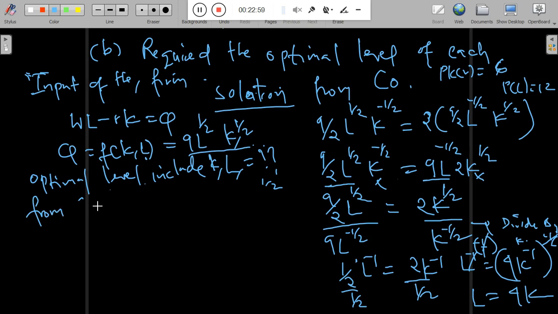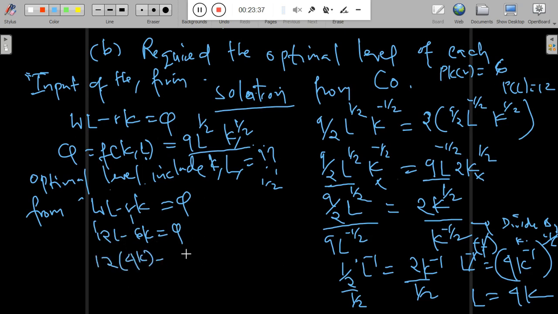So from L equal to 4K, let us plug the value of L into the production function WL minus RK, which is equal to Q. From L, we plug in 4K, so the wage rate, that is 12, times 4K minus 6K is equal to Q. So 12 times 4K is 48K, minus 6K, which is equal to Q. So 48K minus 6K is 42K. So Q is equal to 42K.